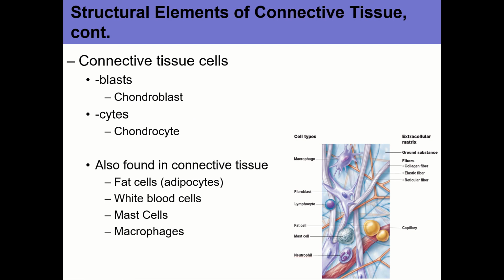I left off the second thing, sorry. The other thing that the blasts do, other than the fact that they are mitotic and split, is they produce the extracellular matrix. In the case of chondroblasts, they're going to lay down the collagen fibers that help form the cartilage. In the case of fibroblasts, they're also going to lay down collagen that helps form the tendons and ligaments.